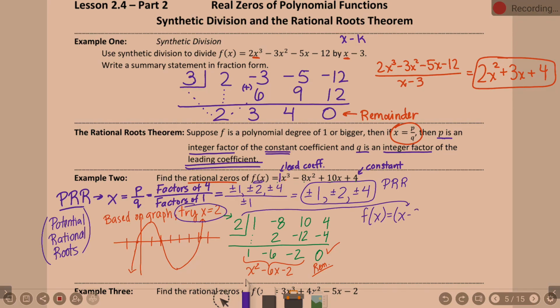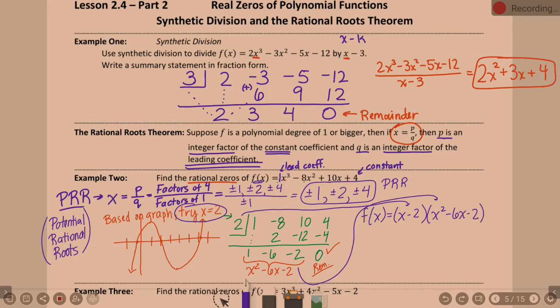X minus 2. We divided by x minus 2 using synthetic division. We got a remainder of 0, which means what's my other factor? Okay, x squared minus 6x minus 2.